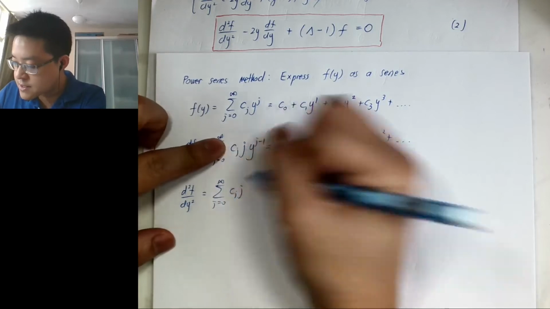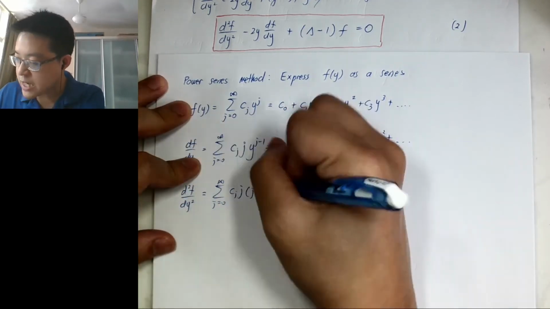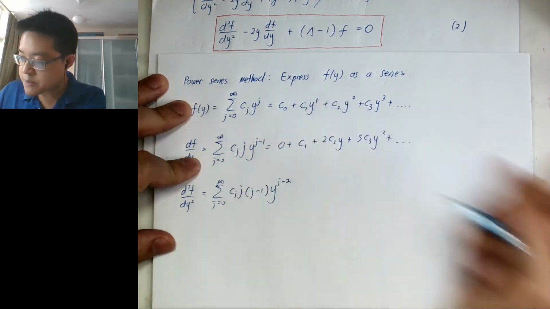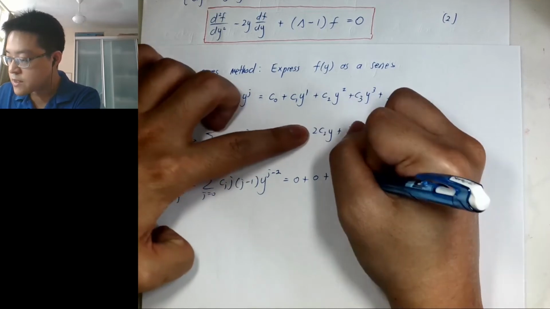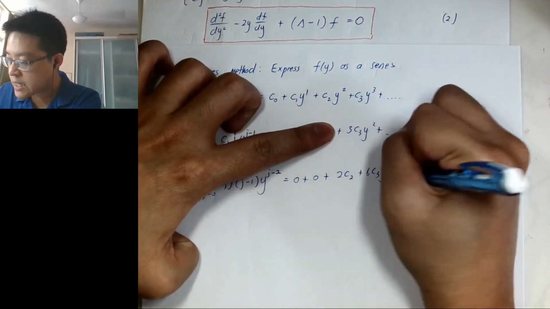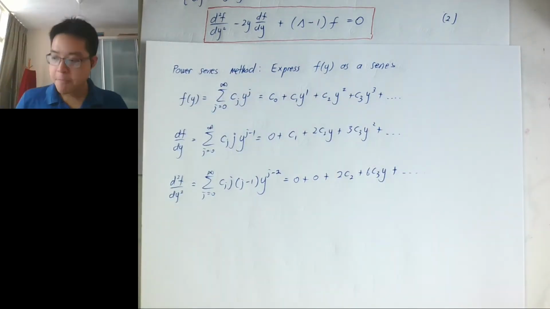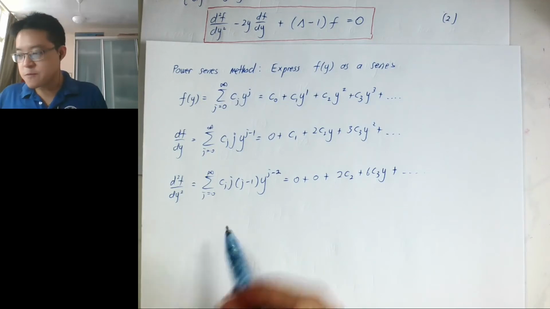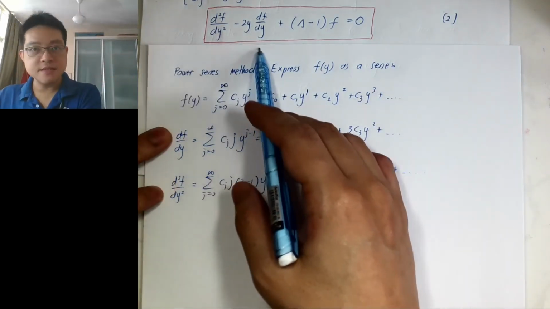The c_j comes down, the j minus 1 also comes down, and the power becomes j minus 2. So this becomes 0, this becomes 0, this becomes 2c2 plus 6c3 y, and so on, keep on going.